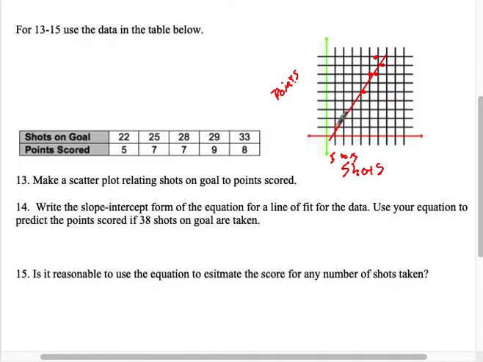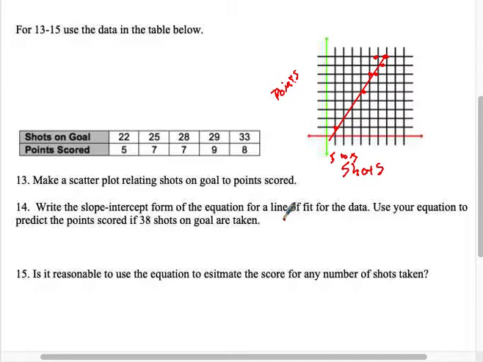I would choose to use this point, which would be 5 shots and 1 goal. And, you know, maybe this one right here, which would be 35 and 9. So 1 shot, no, 5. I got my backwards.